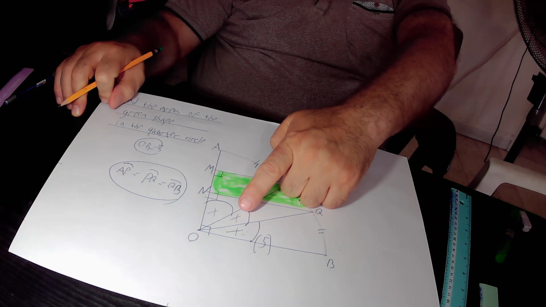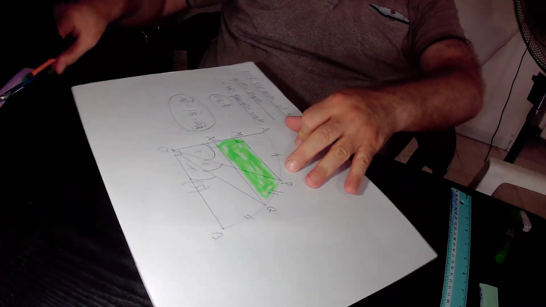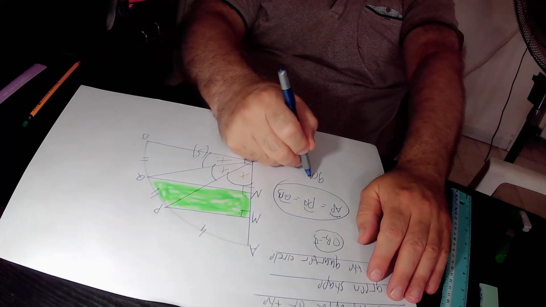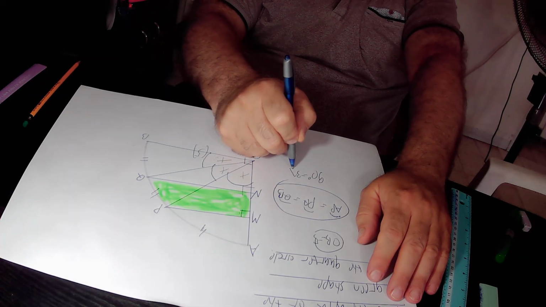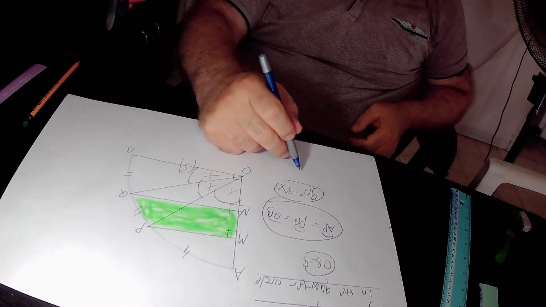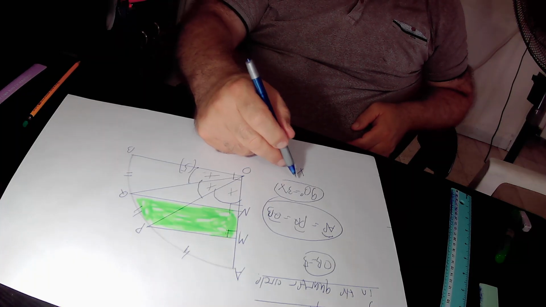Therefore, we conclude that 90 degrees equals 3x. Here we divide this equation by 3 and finally get that x, every angle x, is equal to 90 degrees over 3, which is 30 degrees.